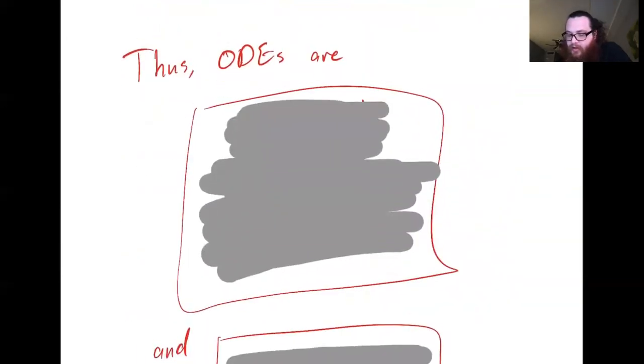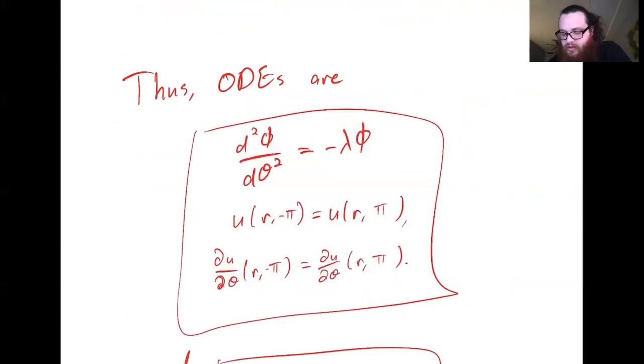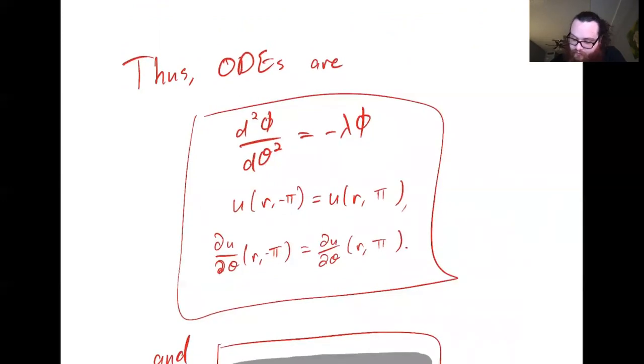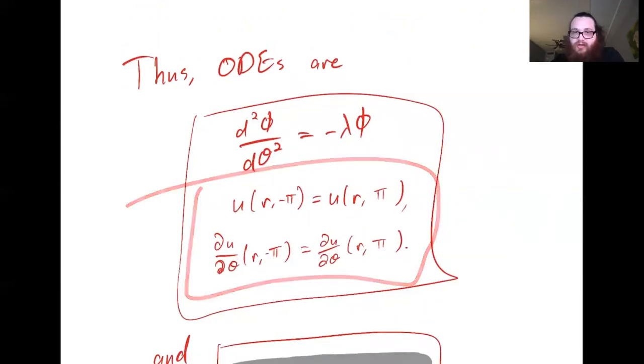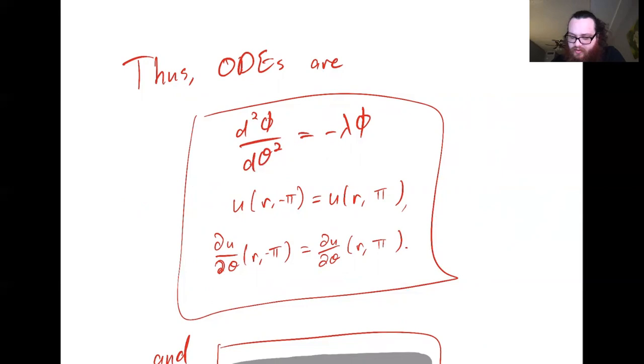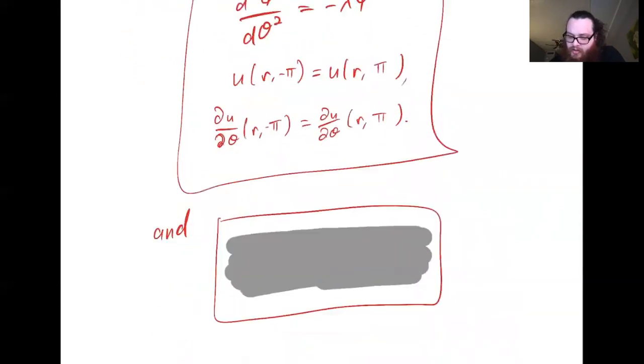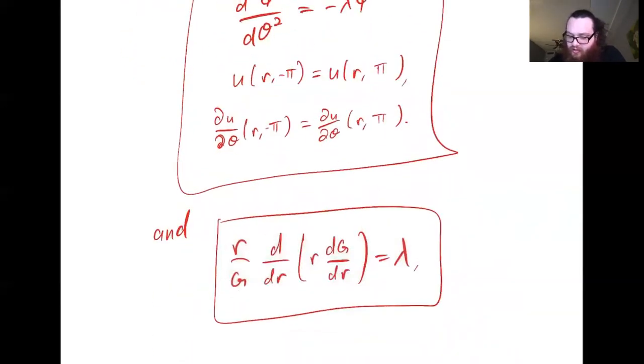Okay. So then the resulting ODEs look like this. So this is the phi piece, right? With kind of the continuity and smoothness condition at the theta boundary. And then the other piece is this expression.